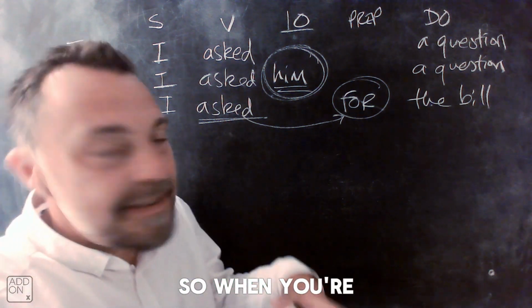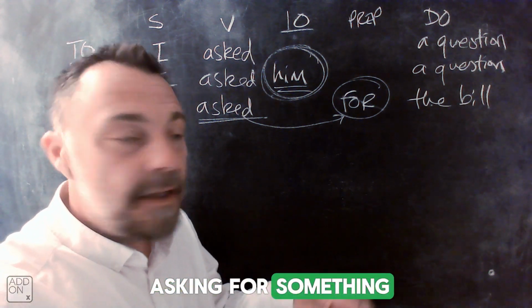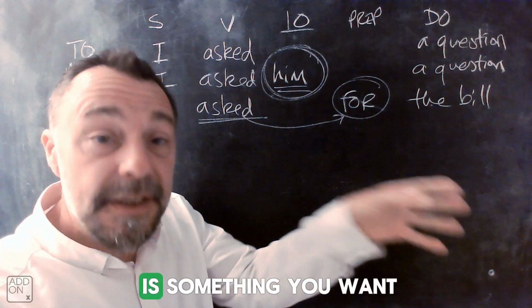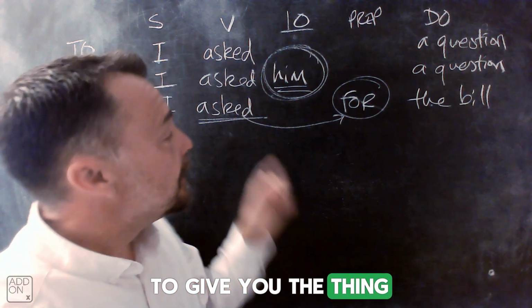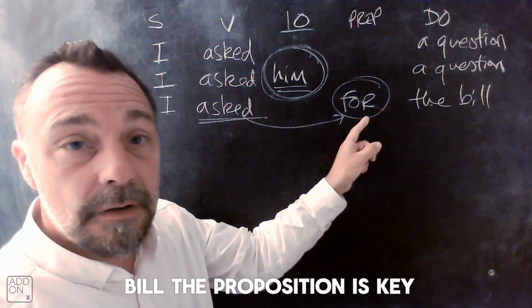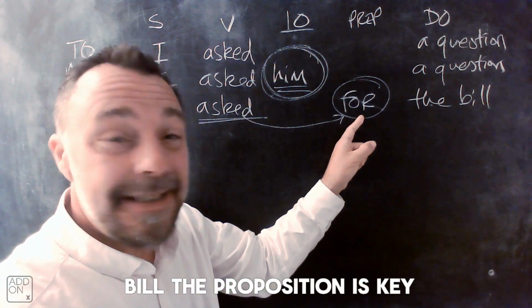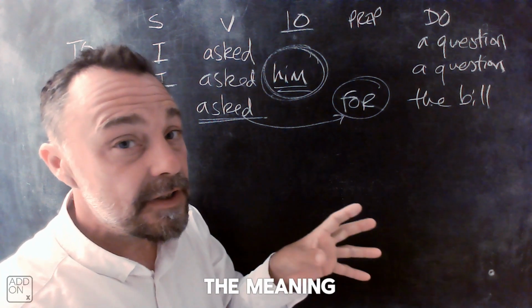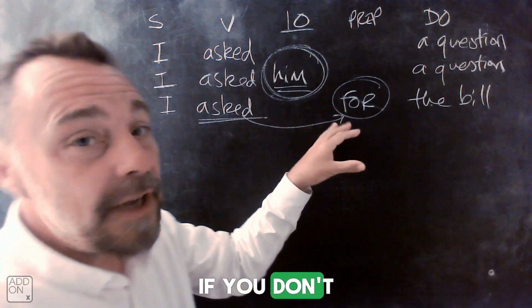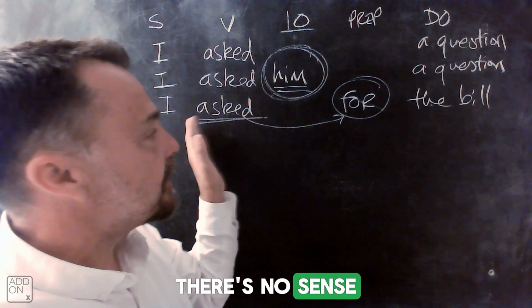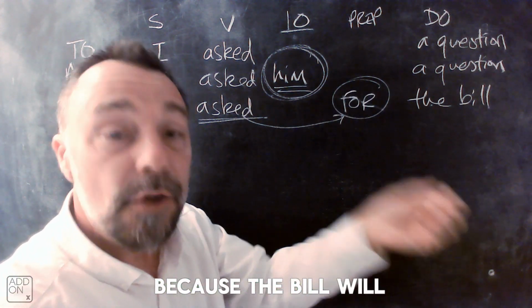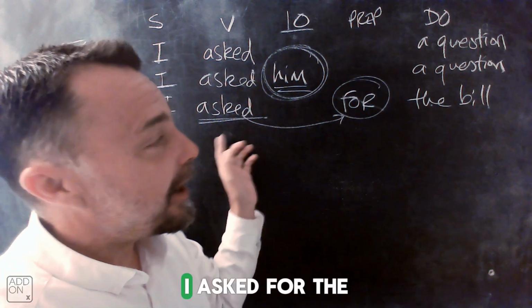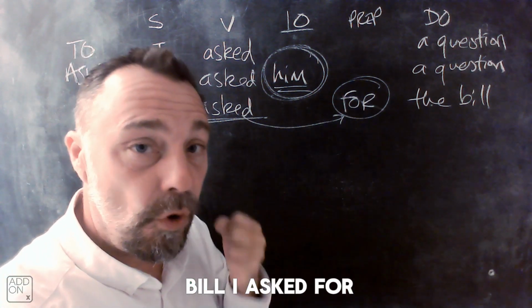So when you're asking for something, it's because it's something you want. You want that person to give you the thing. I asked for the bill. The preposition is key because the preposition changes the meaning. If you don't have the preposition, there's no sense. I asked the bill. It's not possible because the bill won't listen to you. I asked for the bill.